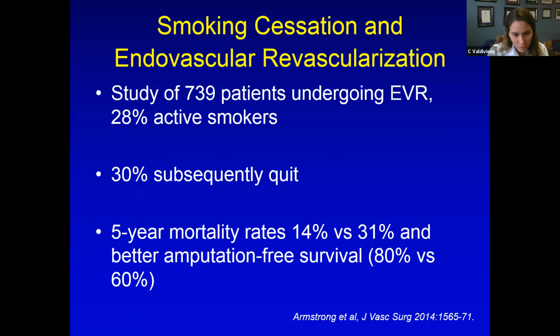So this is just similar to the same data I just presented. And those who quit also had a better amputation-free survival, which was 80 versus 60%. So there are multiple studies that really show that patients who quit smoking, even if they had been smokers for many years, do reduce the risk for morbidity and mortality significantly upon quitting smoking.